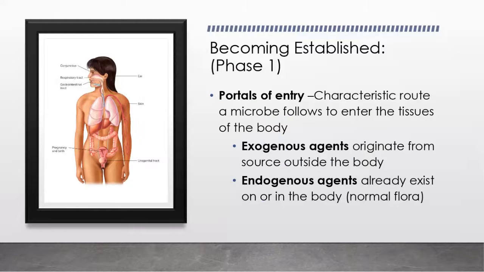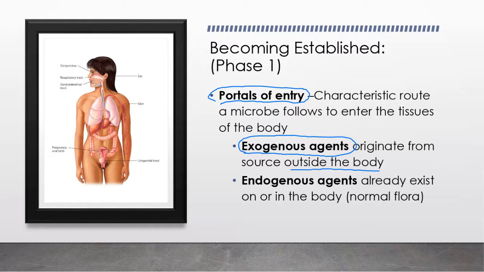We start with stage number one, which is finding the portal of entry. Now, there are two main types of microorganisms that can cause disease. The first one is called exogenous agents, which are microbes that originate from outside the body.